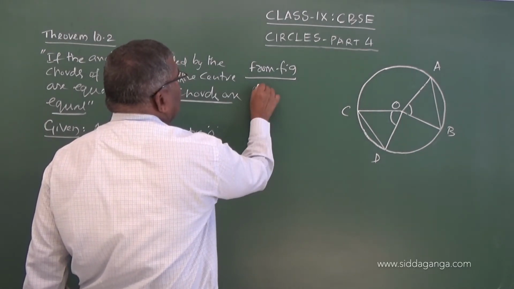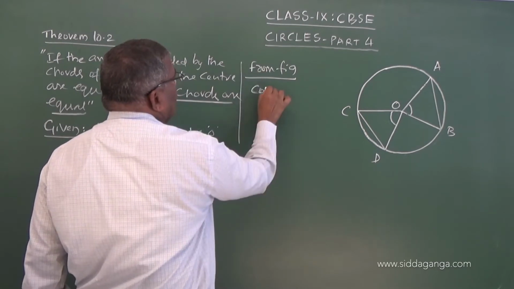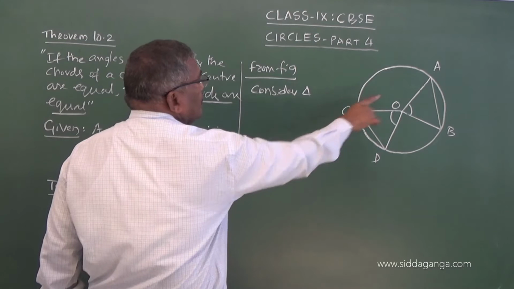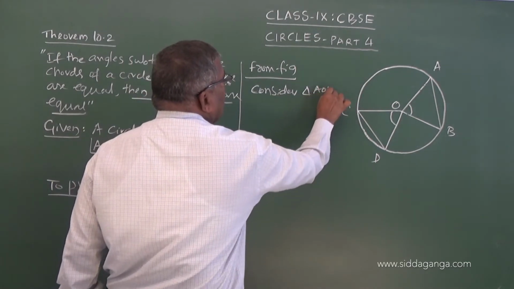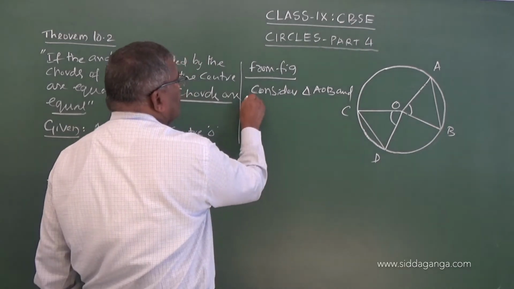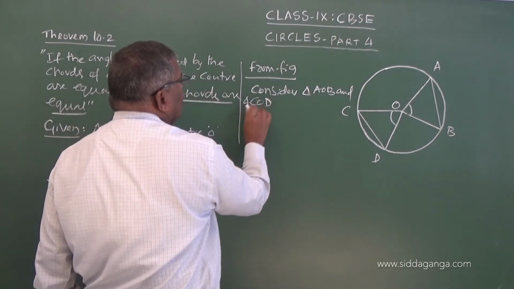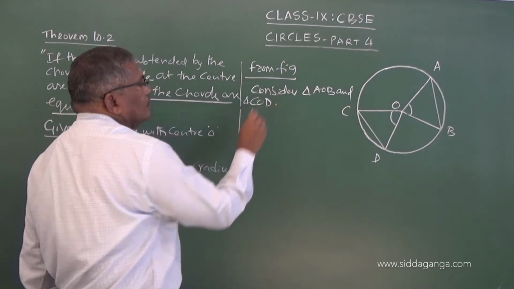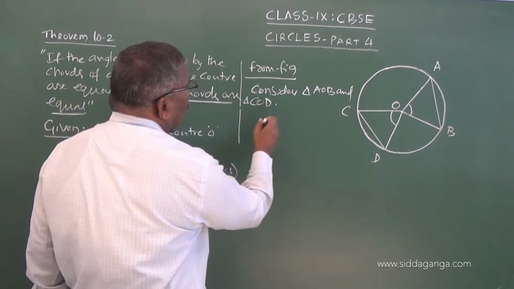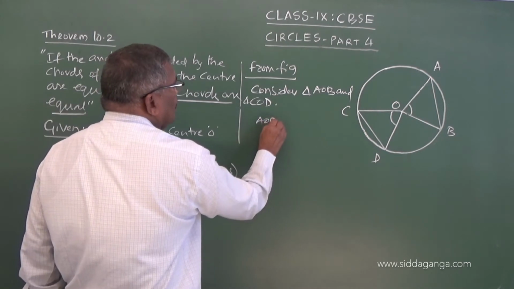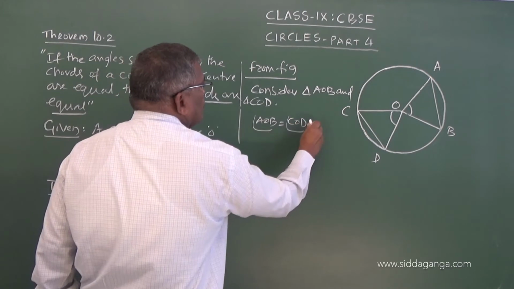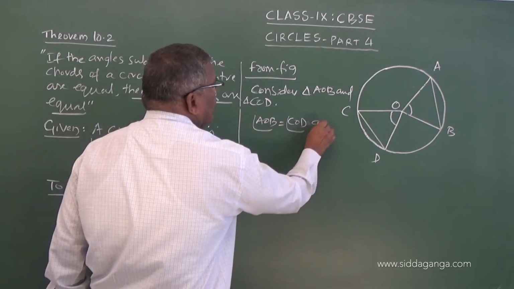Consider triangle AOB and triangle COD. You compare these two. Here given angle AOB equals angle COD, this is given data.